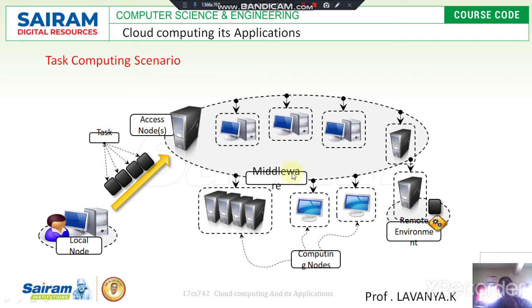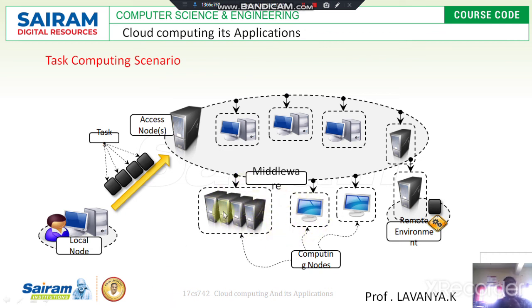The middleware and the computation nodes interact with each other using APIs, the application program interface, to communicate. Whatever data is executed in the middleware environment is saved onto the computation nodes, which means the different data centers or servers.